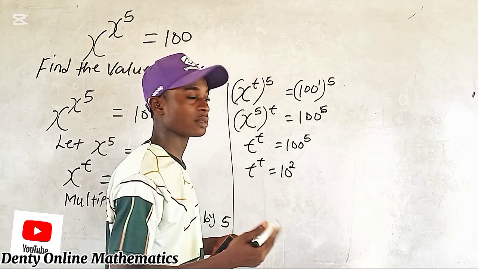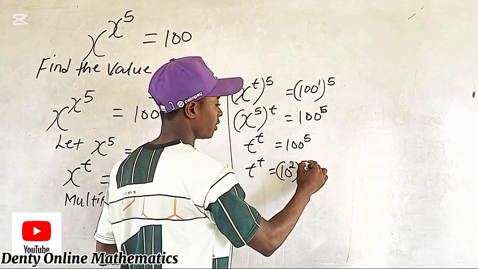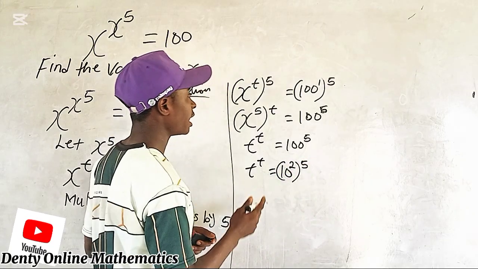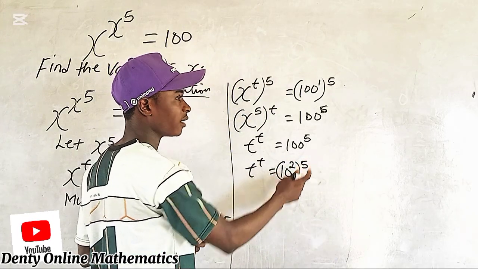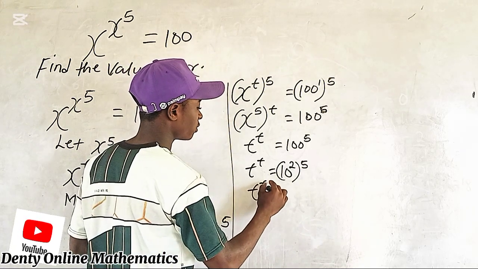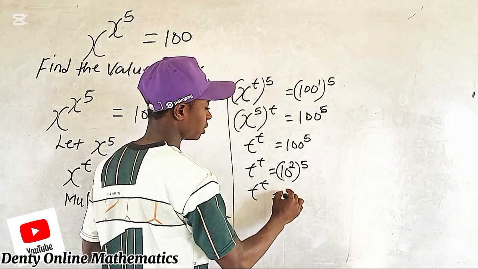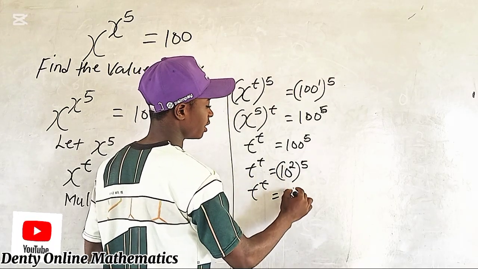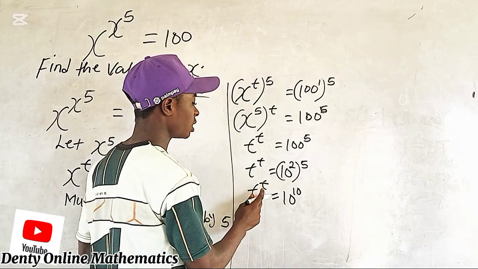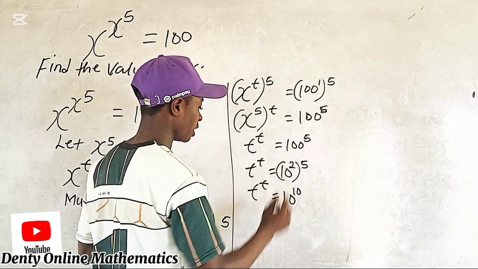That is 10 times 10, which will give us 100. Now bring out this 5 here. Now I said earlier that 2 times 5 is the same thing as 5 times 2. So I have t raised to the power of t to be equal to 10 raised to the power of 2 times 5, which is 10. So t raised to the power of t is equal to 10 raised to the power of 10.